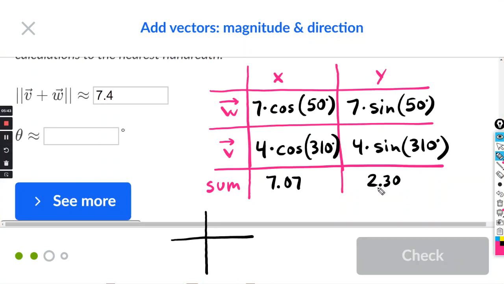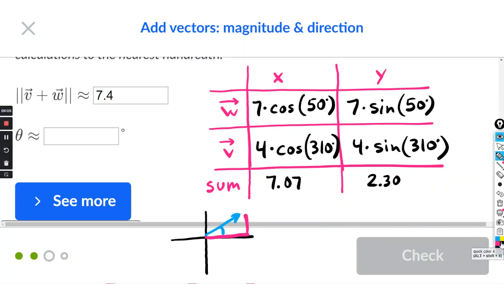So you can see here from the x and y components, if we went about 7 units on the x and 2.3 units on the y, the resultant vector would be here. Okay, that's in the first quadrant. So we know the answer should be between 0 and 90 degrees.